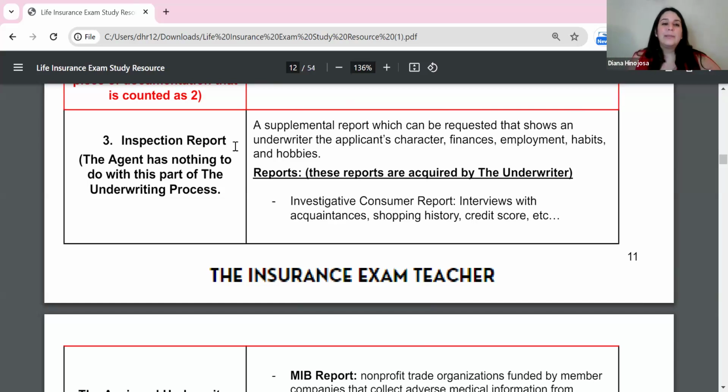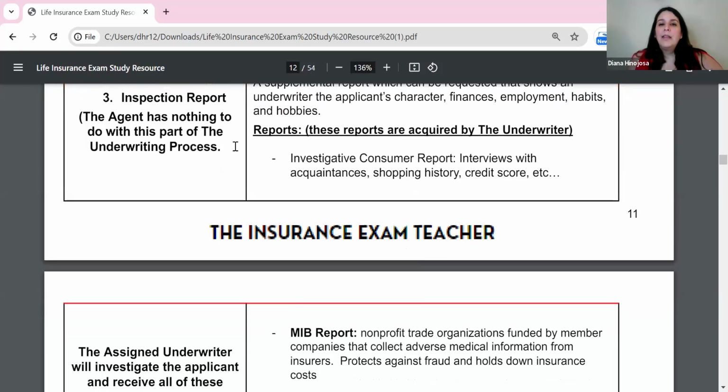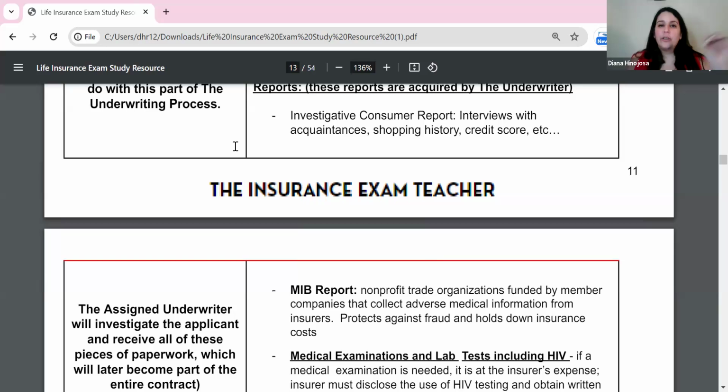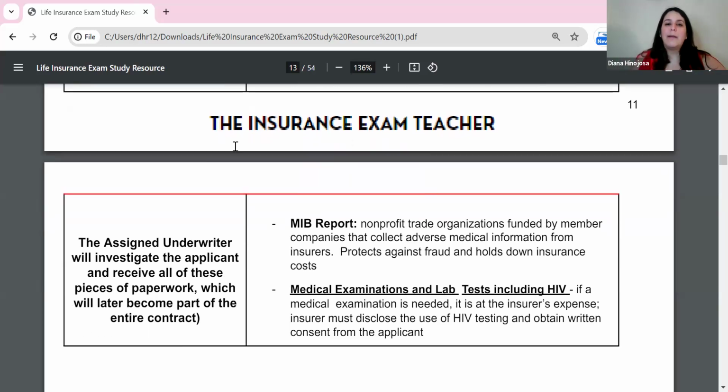All right. So inspection report, we have nothing to do at this point. The underwriter is going to go look for their consumer reports. They could possibly interview their acquaintances, verify where they work, shopping histories, credit scores, literally anything you can think about.